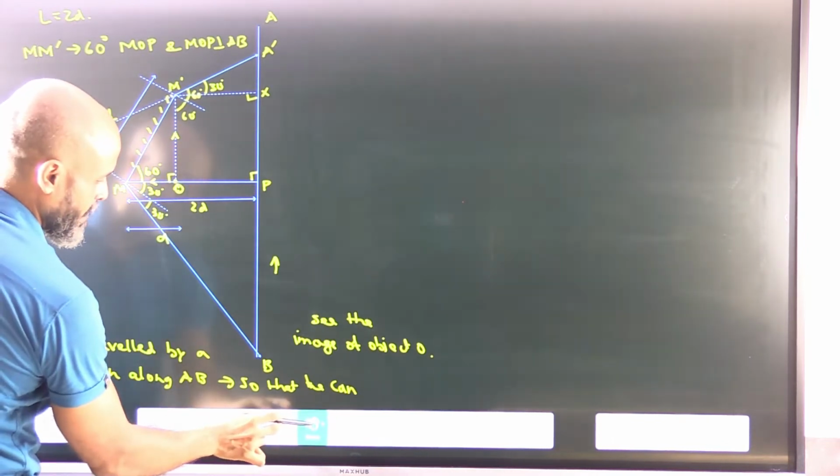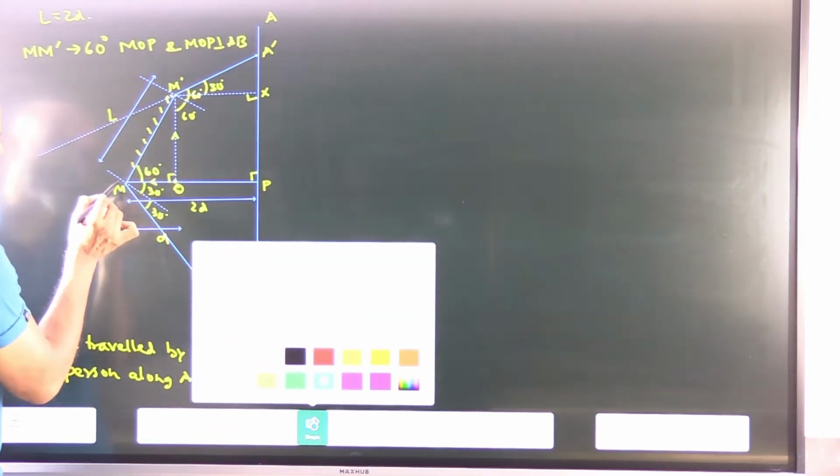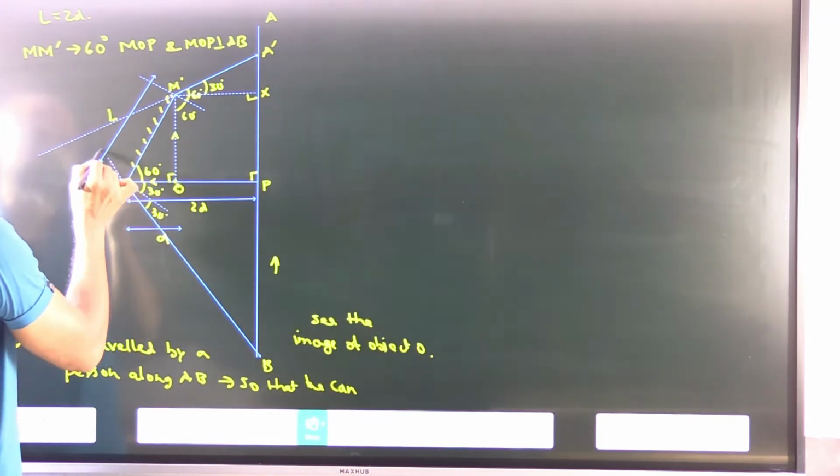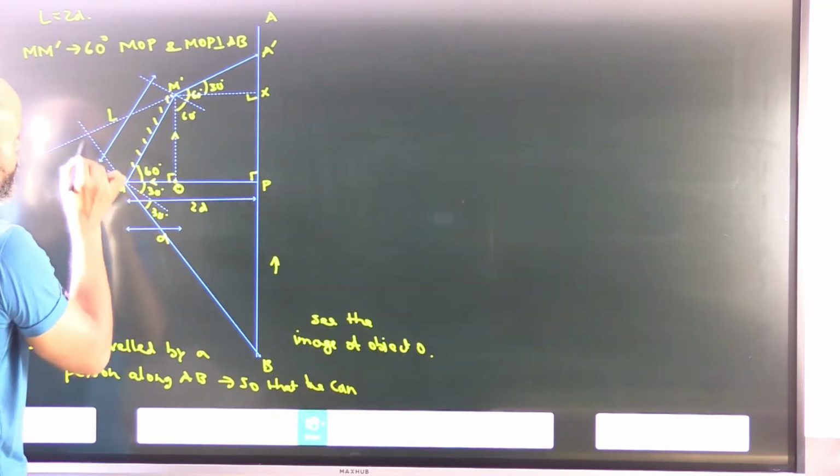If I extend this ray backwards, this will meet somewhere here.